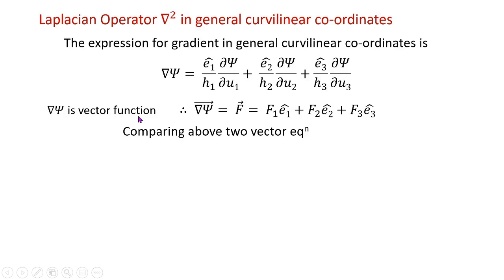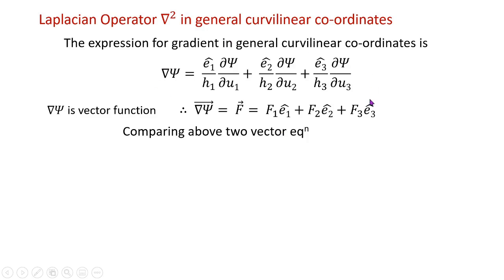And del psi is a vector function. Therefore, this may be written in vector form as F bar equal to F1 E1 cap plus F2 E2 cap plus F3 E3 cap, where F1, F2, F3 are components of F bar along U1 curve, U2 curve, and U3 curve.